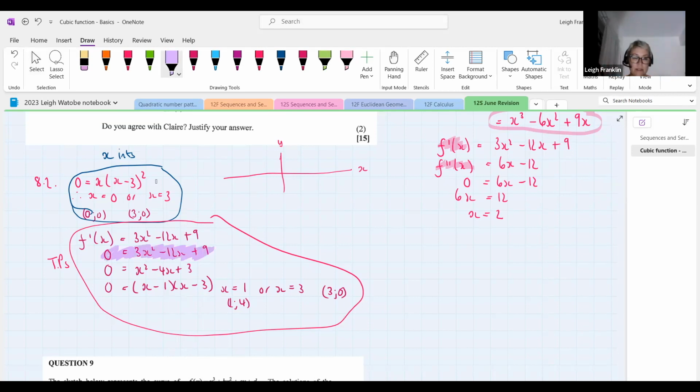For the x-intercepts you are making y equal to 0. So when y is equal to 0, you're calculating the x-intercepts. When your first derivative is equal to 0, you're calculating the x-coordinates at the turning points. When the second derivative is equal to 0, you're calculating the x-coordinate at the point of concavity. Does that make sense to everybody?